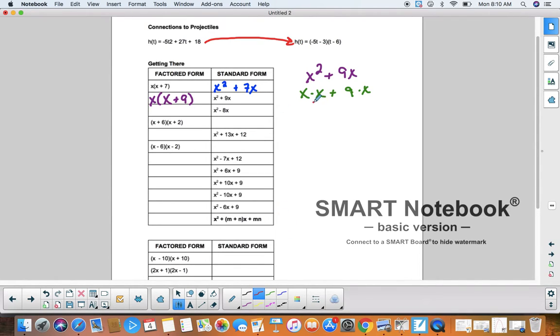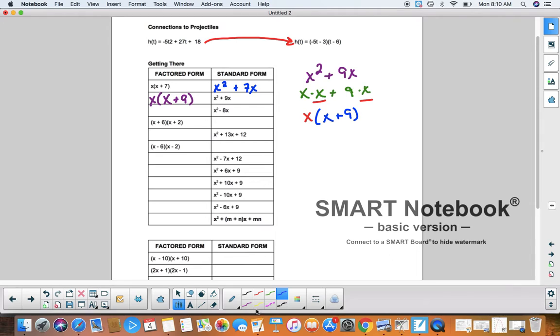Well, they each have an x in common. So what we do is we take that x out, and then we write what's left in the parenthesis. So when I take this x out, this x is left. When I took this x out, this 9 was left. And that's how I got to my answer of x times x plus 9.